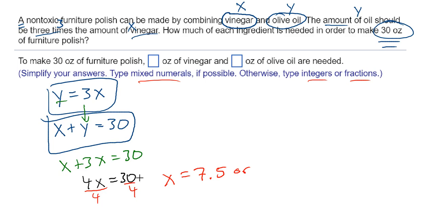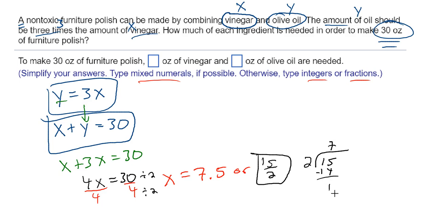You can reduce it by dividing a 2 from the top and bottom, and you'll get 15 over 2, which can be written as a mixed number by taking the 2, dividing it into the 15. It goes 7 times, and we get a remainder of 1. And so that remainder of 1 is still getting divided by the 2, so we get 7 and 1/2. So that's what they want you to write here.